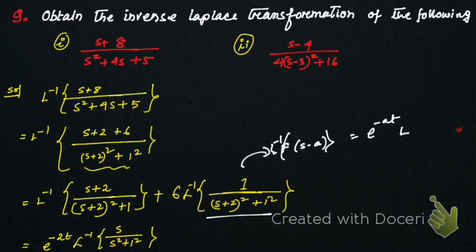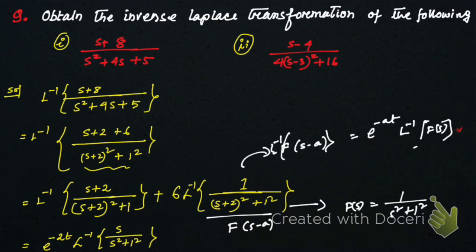F of t means inverse Laplace transformation of f of s, right? So here, if this is the f of s minus a, then f of s will be 1 by s square plus 1 square, right?